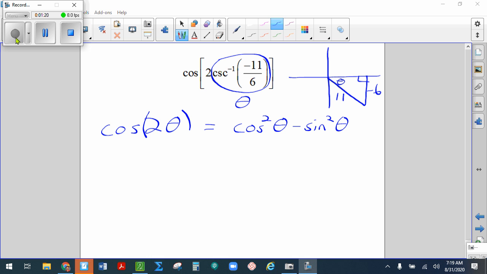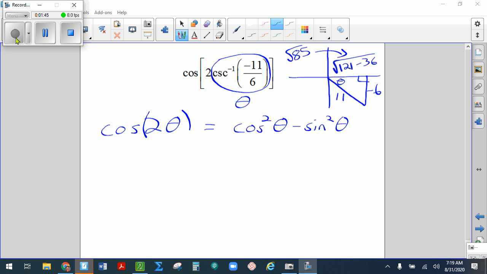And then I can use the Pythagorean theorem to figure out the rest up here. So this is going to be the square root of 11 squared, which is 121, minus 6 squared, which is 36. So that's going to be the square root of 85. Okay, so then I can evaluate cosine squared theta minus sine squared theta.